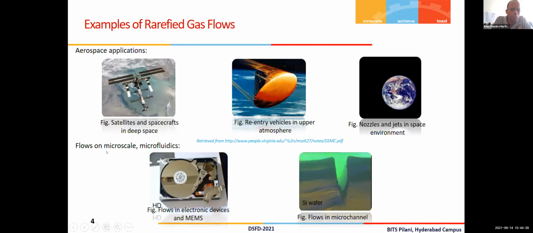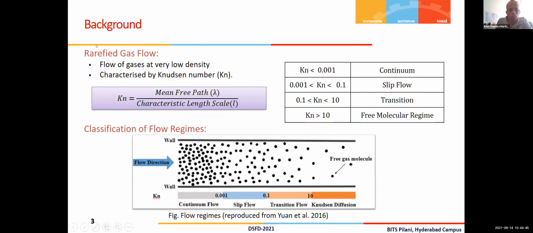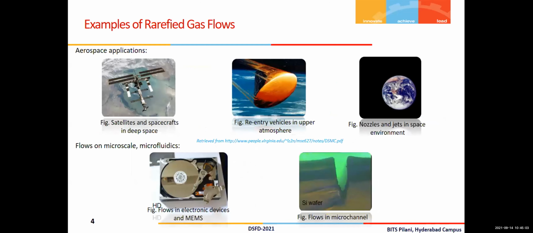So there are several applications of rarefied gas flows. And let me briefly go back. So this Knudsen number can be very high. Then it will be free molecular regime. This can be high if the mean free path is high or if the characteristic length scale is very small. So if you're going into the micro or nano regime, there also Knudsen number can often become large.